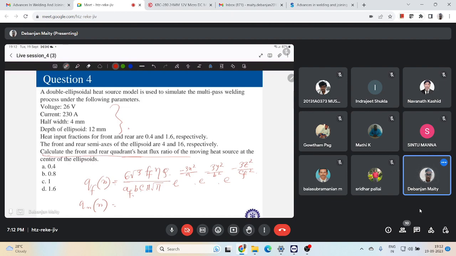And for QR, this all will be AR, CR; here also it is a CR. Now you need to calculate the front and rear quadrants heat flux ratio at the center of the ellipsoid. As I mentioned, x, y, z are all equal to 0. Now tell me what will be the ratio.